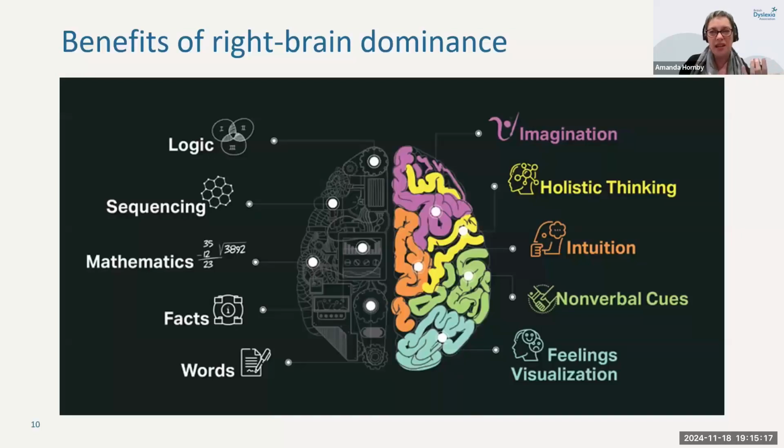They can come up with ideas outside of the box with lots of innovative solutions. Right brain thinkers sometimes have a very good intuition. They often rely on their gut feelings, and that can help them with their decision making if they need to do that quickly. They have a very good emotional awareness.